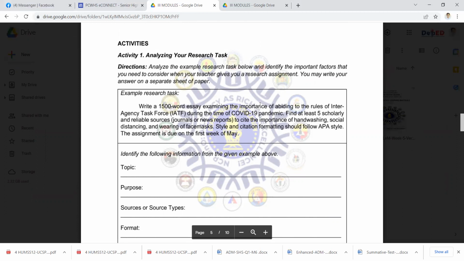You may write the answer on a separate paper. Again, may I repeat to you, answer only activity 1, which is analyzing your research task.